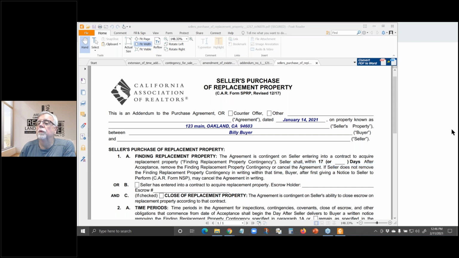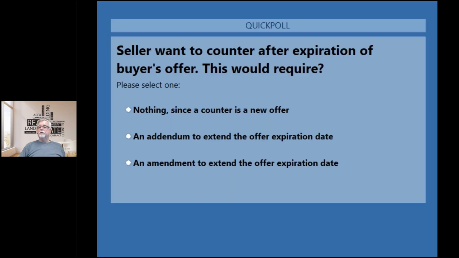How about this one? So the buyer has made an offer, and the offer has a very tight leash. It says that you have to accept our offer within 8 hours or something like that. And you're going back and forth with the seller, and you've decided you want to counter the buyer's offer.